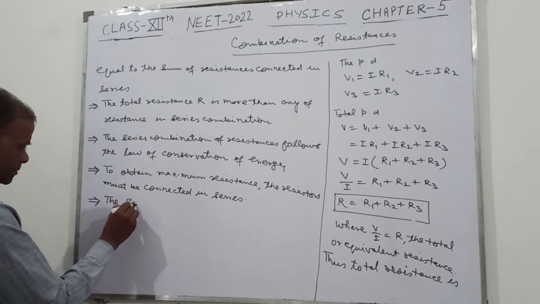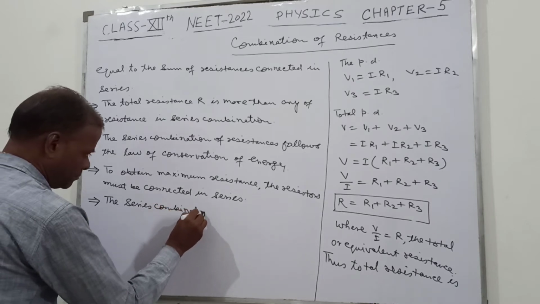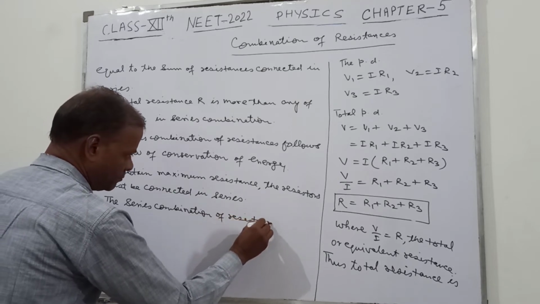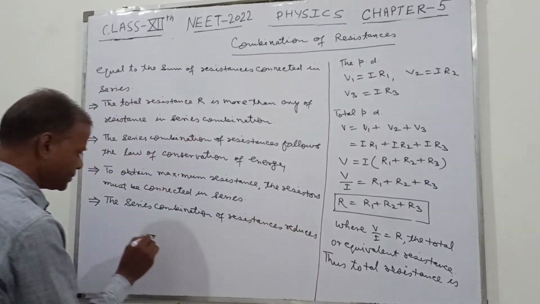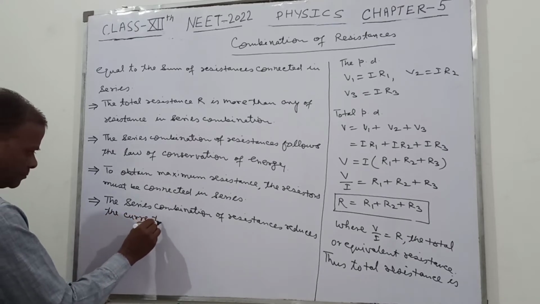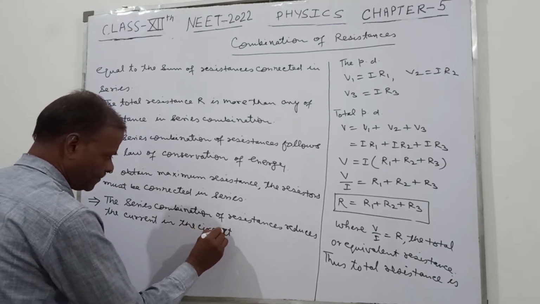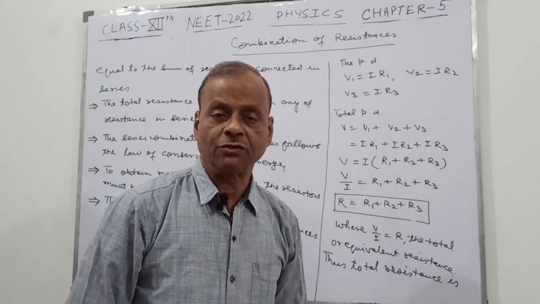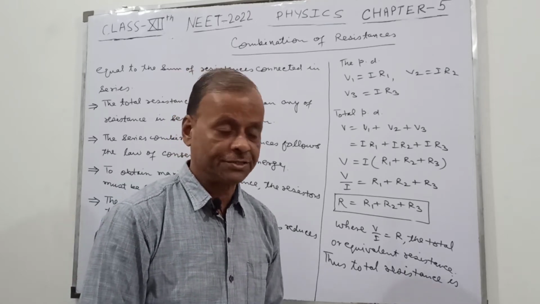The series combination of resistances reduces the current in the circuit. Now suppose we have n resistors of equal resistance connected in series.